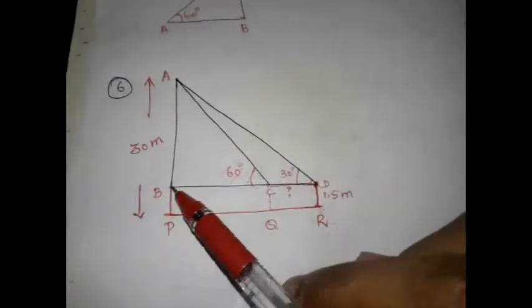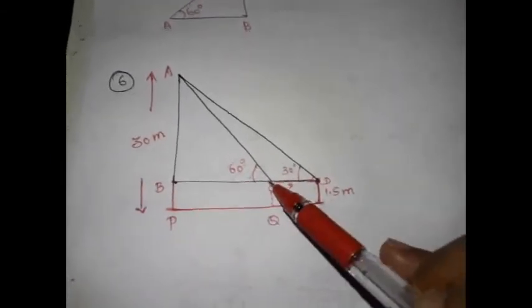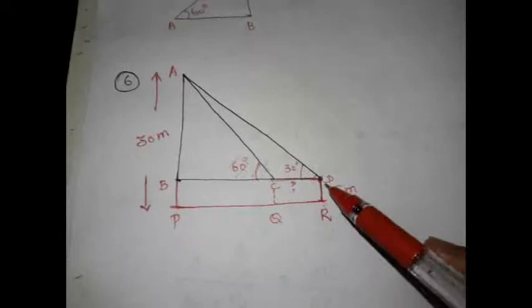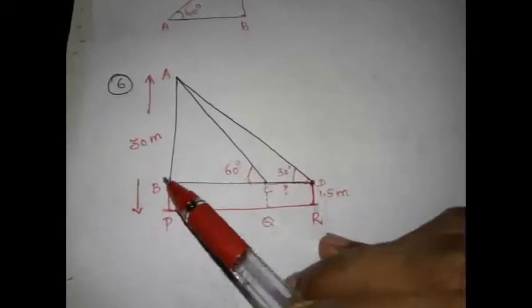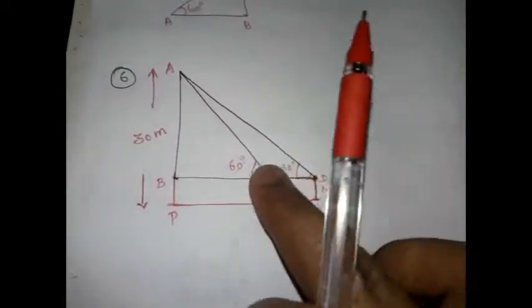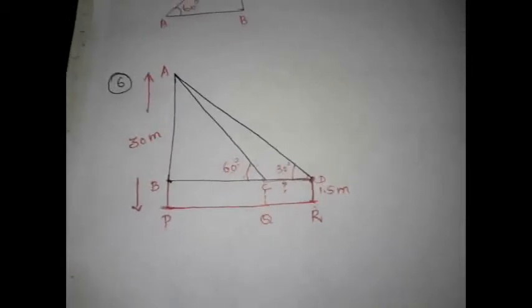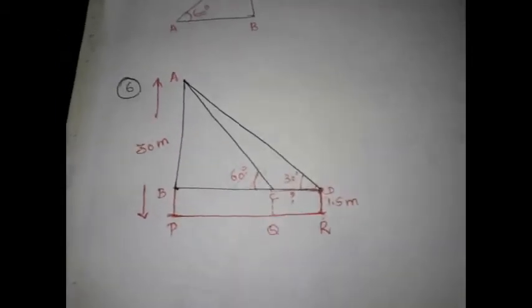Once we know BD and BC, we can find our CD by subtracting BC from BD. From this full length, if we subtract BC, we can very well know what is our CD. This is the idea behind it.